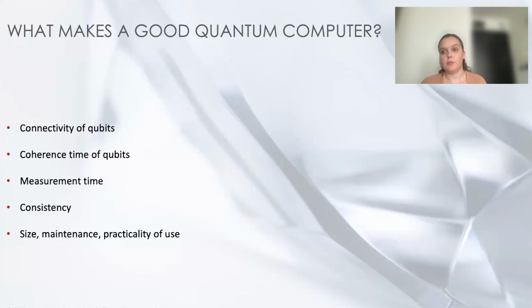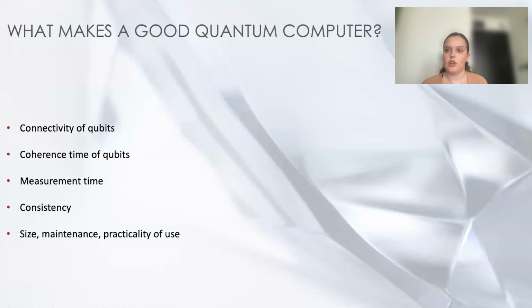So we need to think about the coherence time, but also how long it takes to actually measure the qubit itself, because you don't want a quantum computer where it takes a very long time to measure the state of the qubit, but the qubit has very quickly got out of the state of interest anyway. We also want to look at how consistently we can get the qubit into the state of interest, how reliable the qubit is, and things like that.